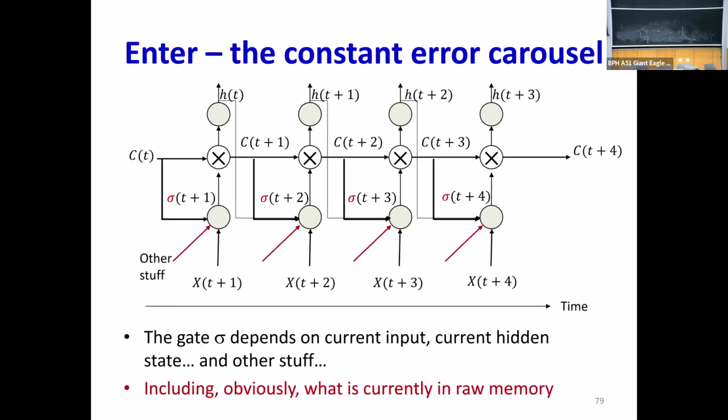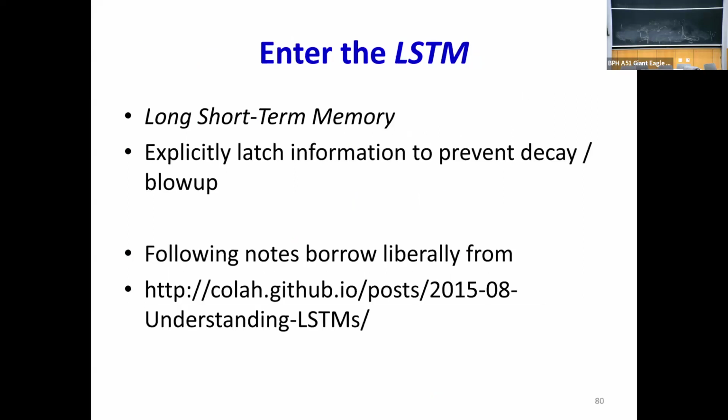Basically use as much context as possible to figure out whether what's in the memory must be changed or not. Okay. And that gives rise to our so-called long short-term memory network. If you ever wondered where that crazy structure came from, hopefully you see some light, right?